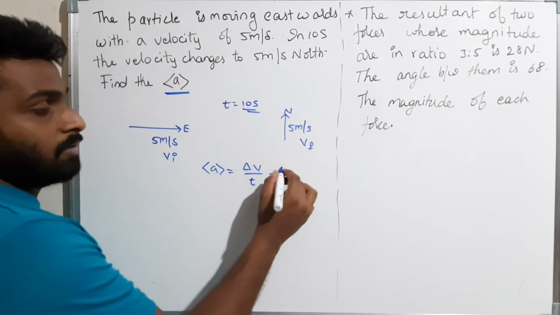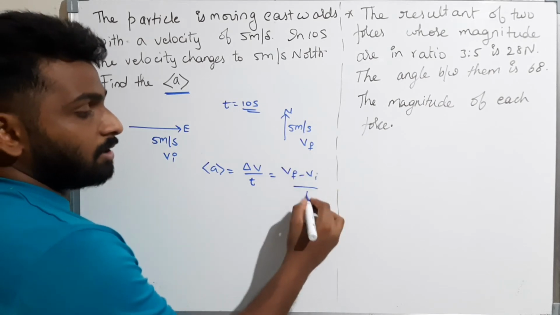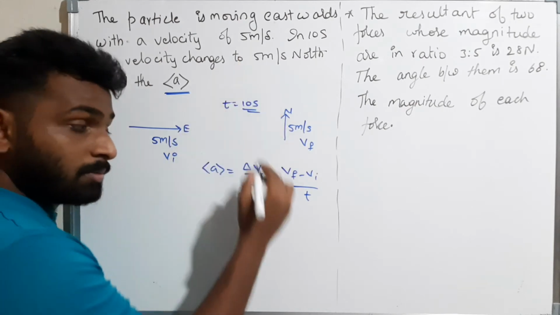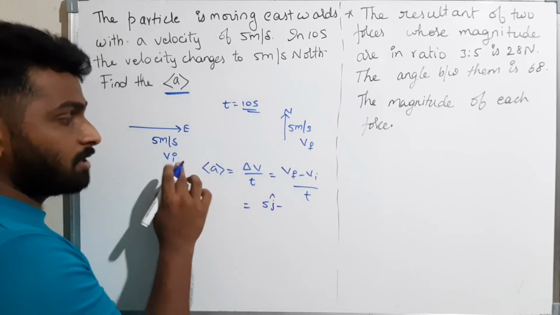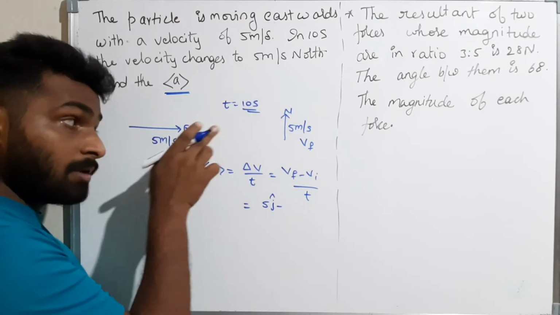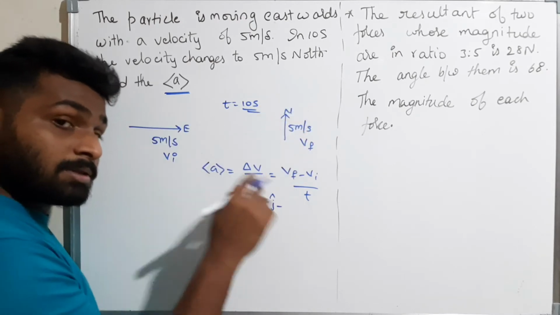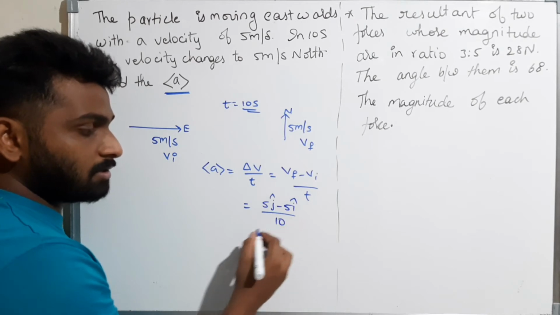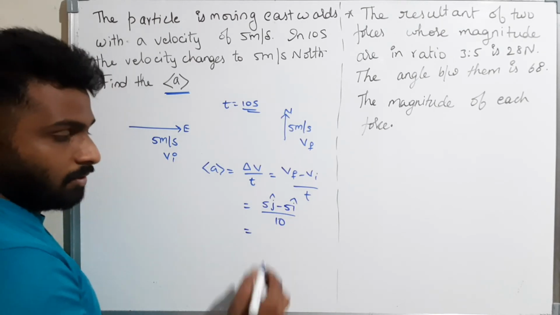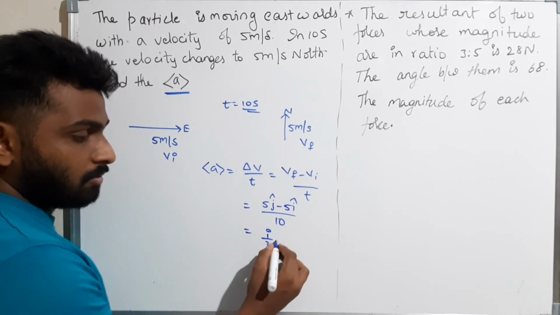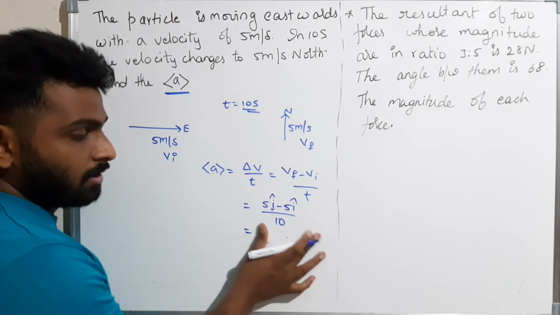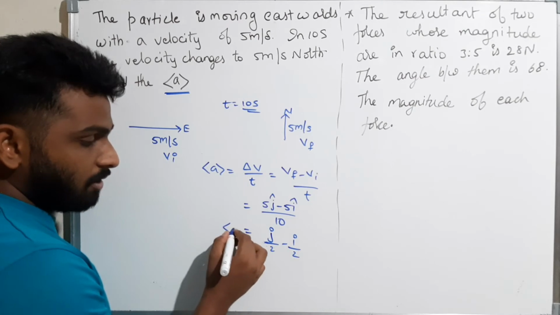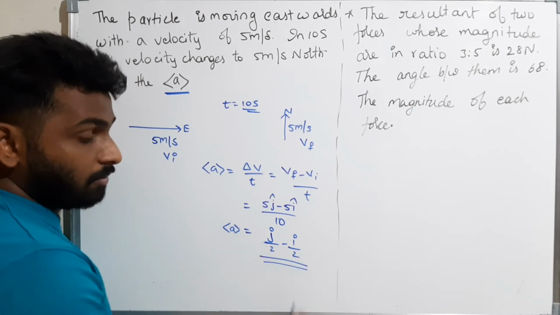What is the change in velocity? V final minus V initial by time. V final is 5 northward, that means j cap, minus initial, which is 5 meters per second eastward, that means 5 i cap, by time, that is 10 seconds. Therefore, j by 2 minus i by 2. This is the average acceleration in vector form.